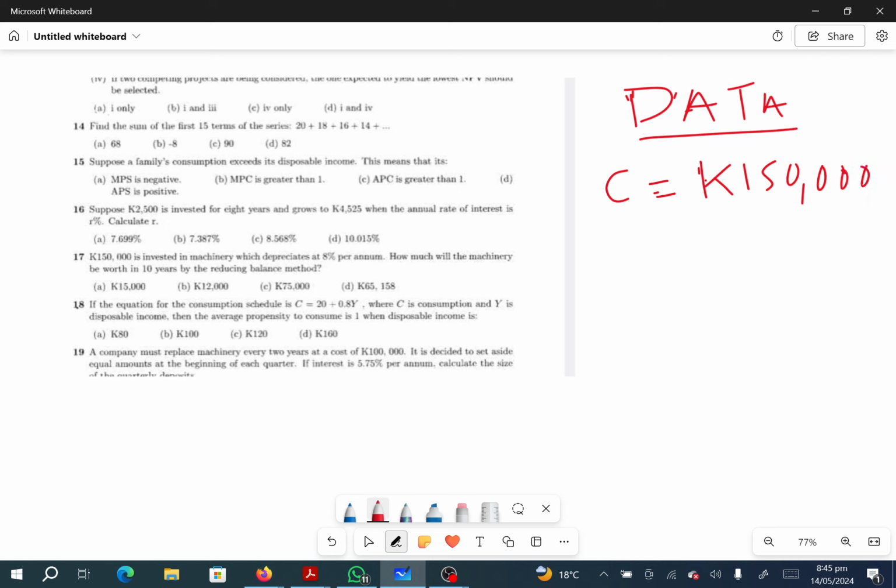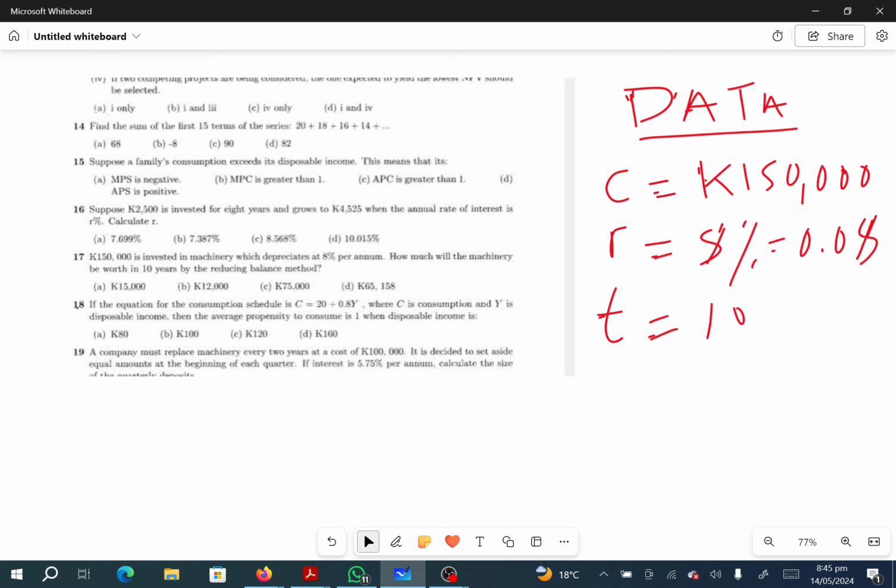Then we have been given the depreciation rate R as 8%, so R is 8%, so we can say 0.08. Then we have been given T in terms of time, number of years. So T in terms of years is 10.